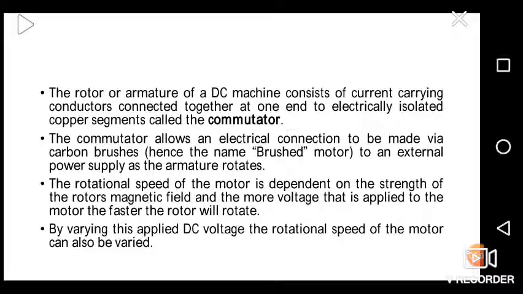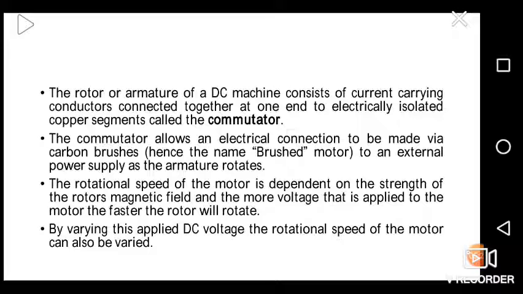The rotor or armature of a DC machine consists of current carrying conductors connected together at one end to electrically isolated copper segments called the commutator. The commutator allows an electrical connection to be made via carbon brushes to an external power supply as the armature rotates.